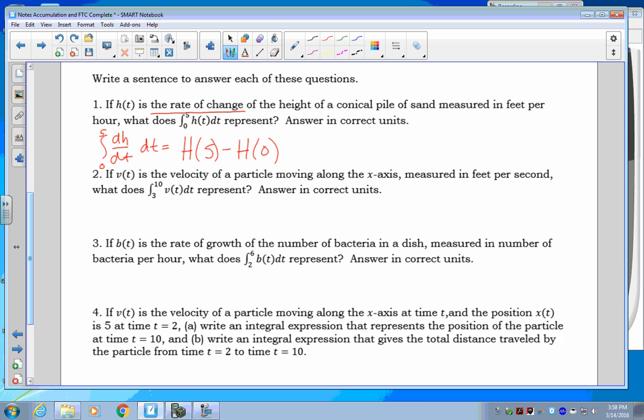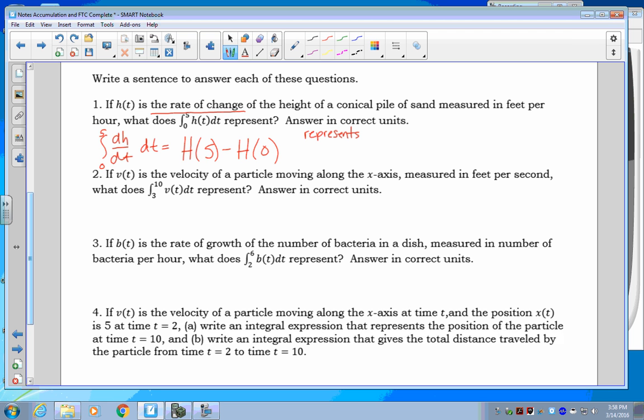So now I need to write in words. So I'm answering the question in a sentence. What does this represent? And I need to include units. So this represents h of 5 minus h of 0.